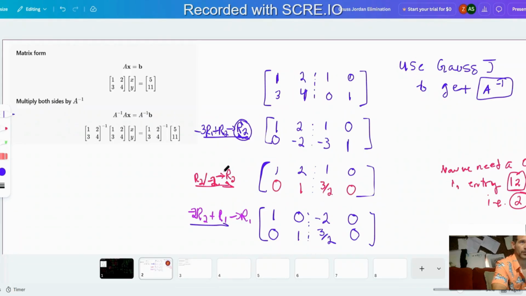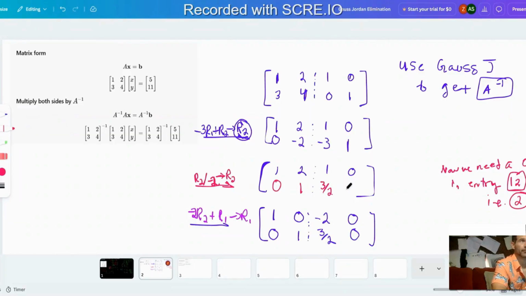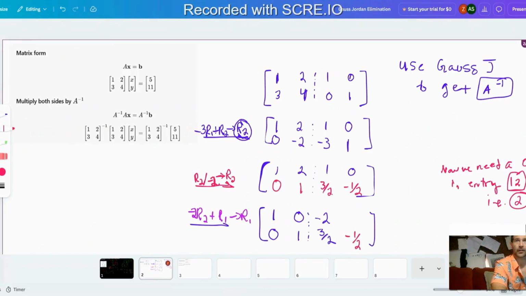And if I did row 2 divided by negative 2 to row 2, it would now be negative 1/2. And what did I do down here? Negative 2 times row 2 to row 1. Yeah, so that changes everything. But that stays negative 1/2.